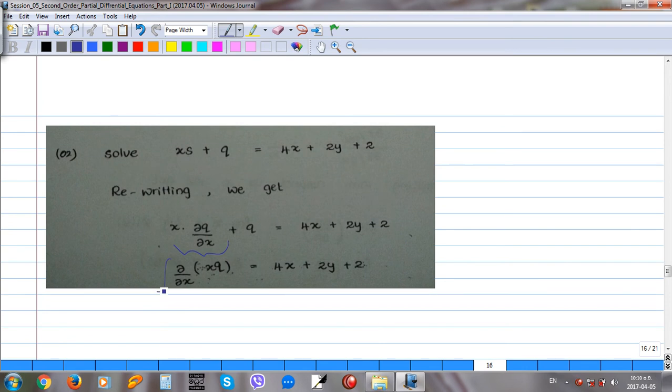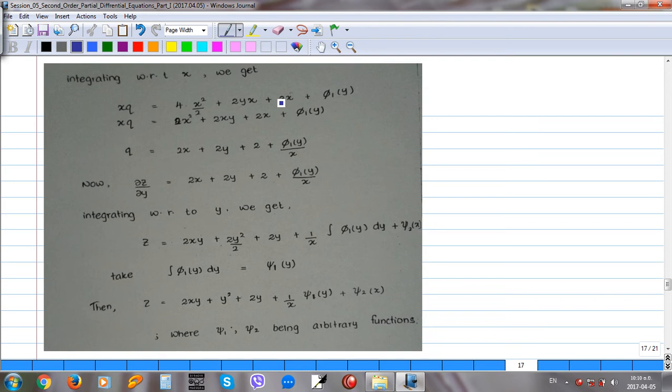Then what happens? This one integrates, and this ∂x and ∂x. So what is created is x times q equals 4 times x squared over 2 plus 2y times x plus 2x plus a constant.